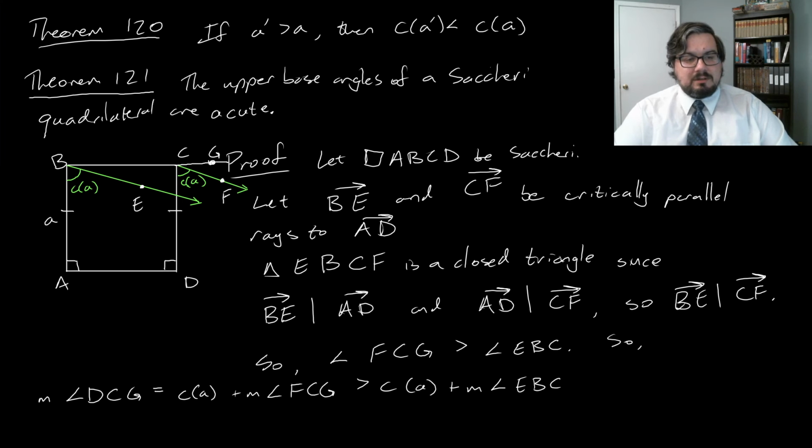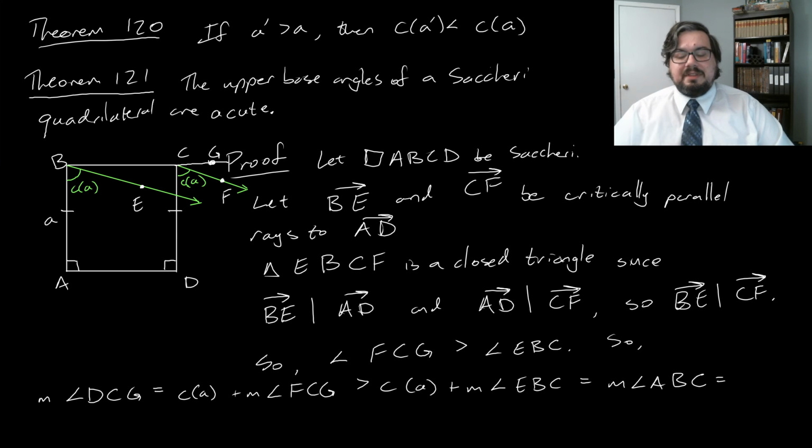Now the critical number at A plus the measure of angle EBC is exactly the measure of angle ABC. And we know that the two upper angles of the Saccheri quadrilateral are congruent, so the measure of angle ABC is equal to the measure of angle DCG.